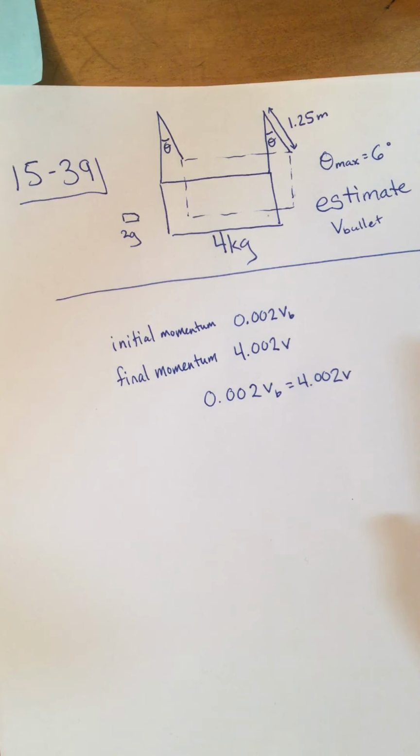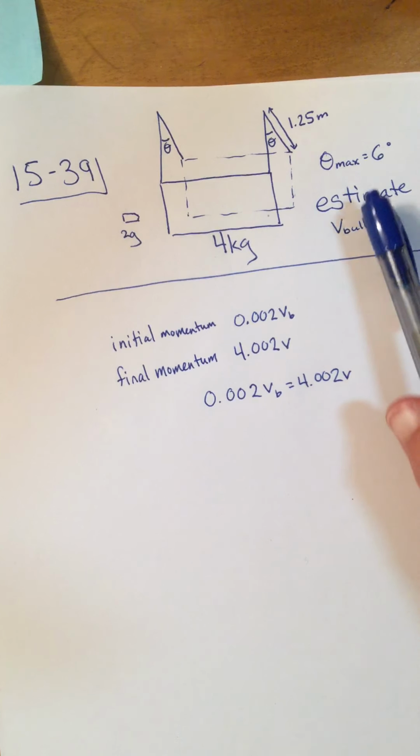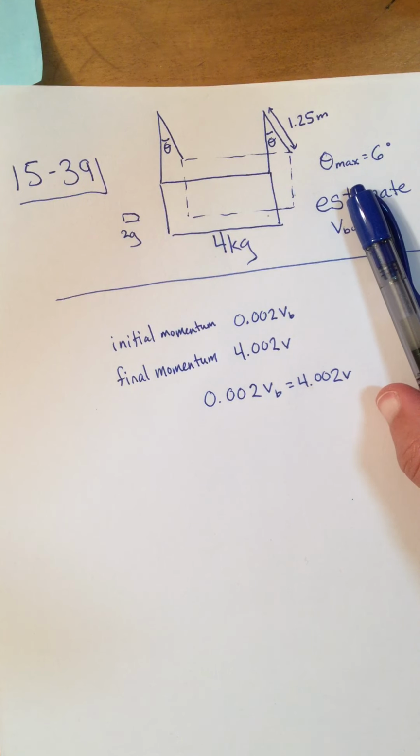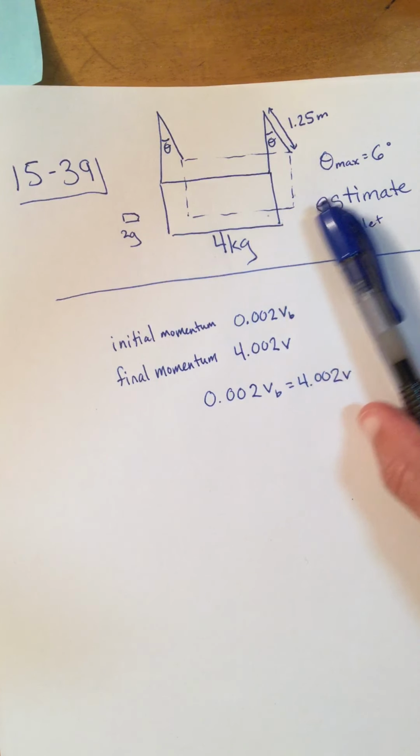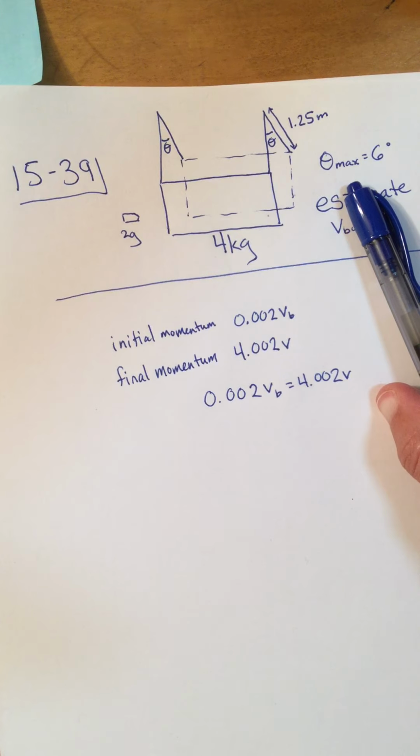So now I'm going to use the work energy conservation law. I know the maximum angle here. And at the maximum angle, the bullet and the block would have a velocity of 0. So the kinetic energy is 0 when you're at the maximum angle.